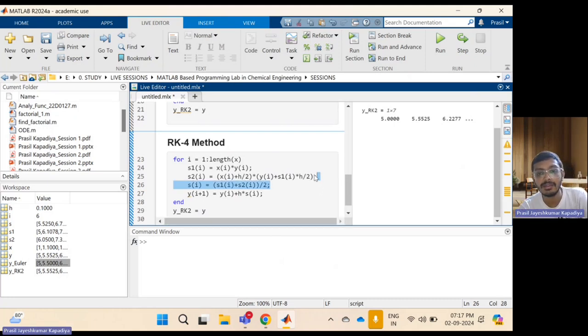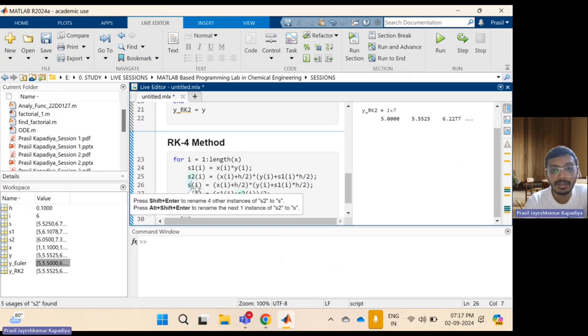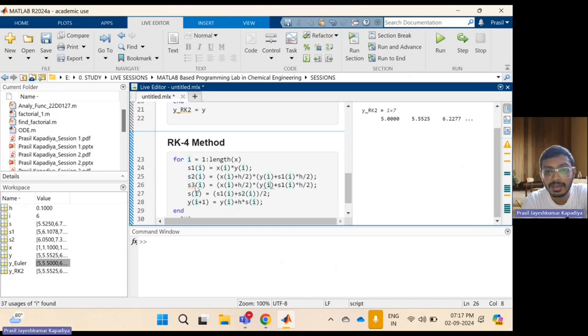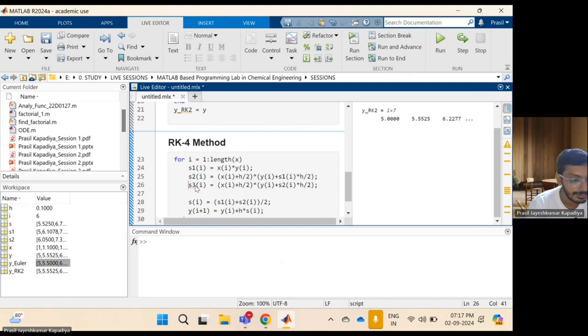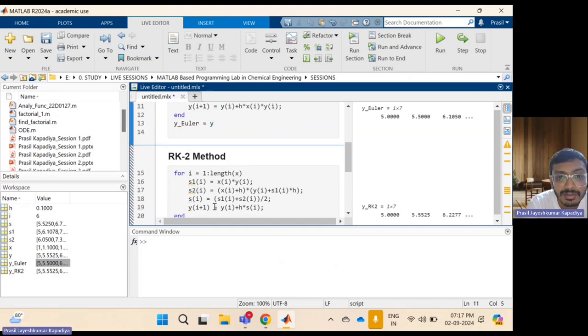Now my third term, S3 of I, is the same, but here it is S2 of I. And my fourth term is nothing but this term.